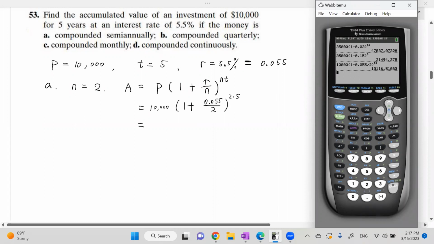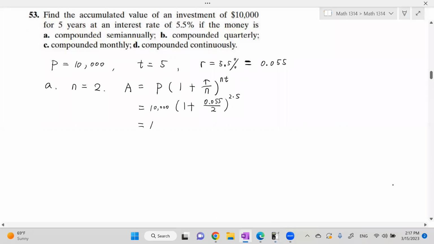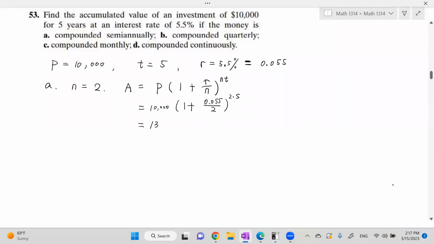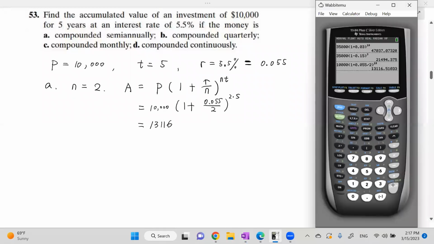I hope the calculator stays there so I can copy the information. It disappeared. How to make it come back? 13116, I remember that. 0.51033.